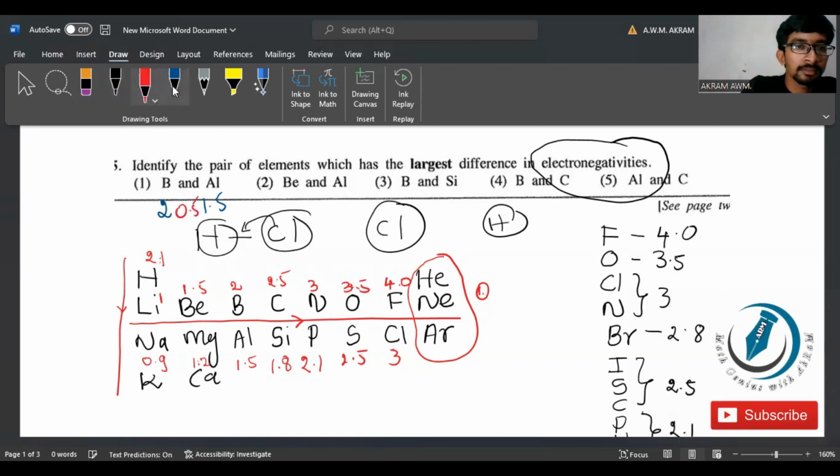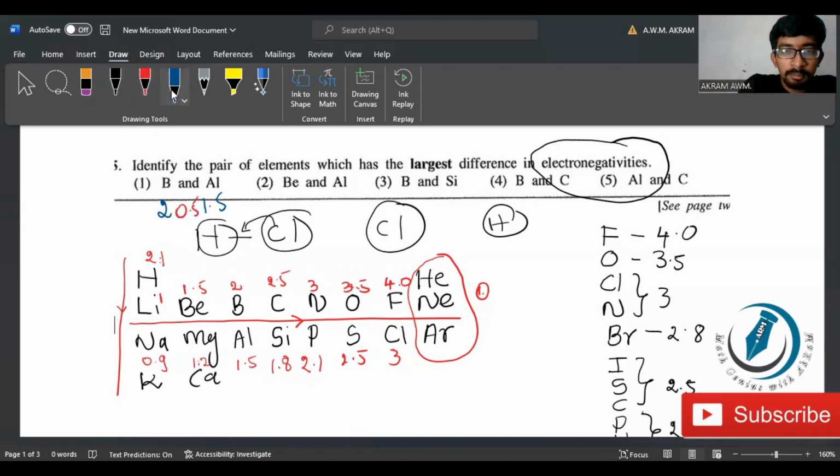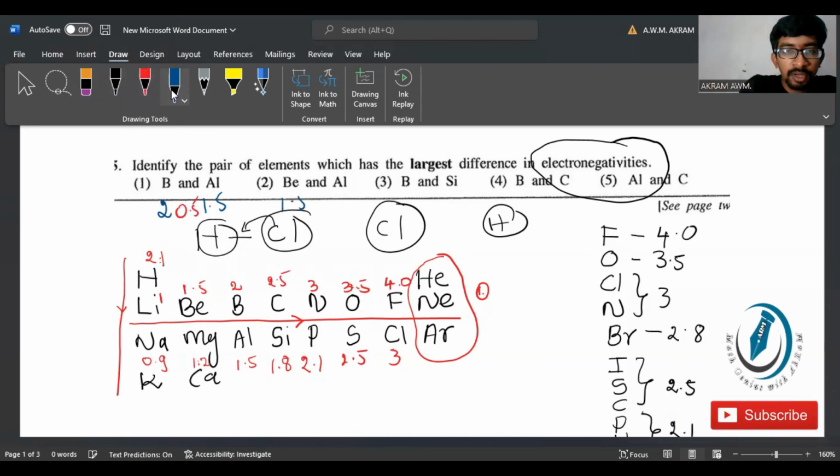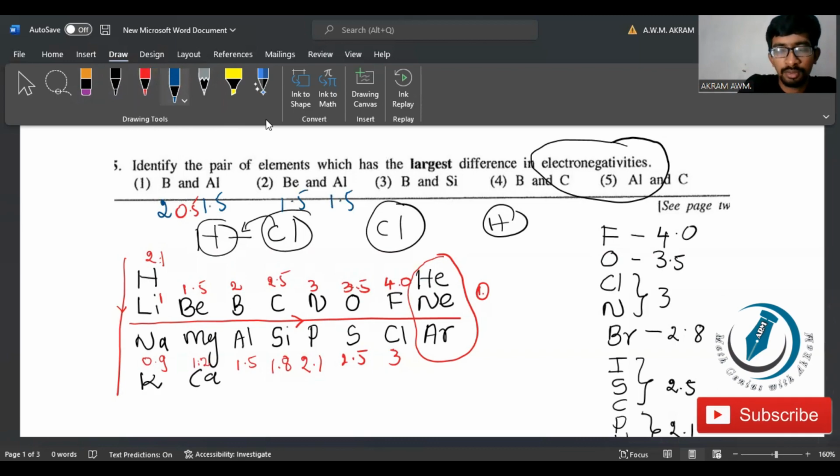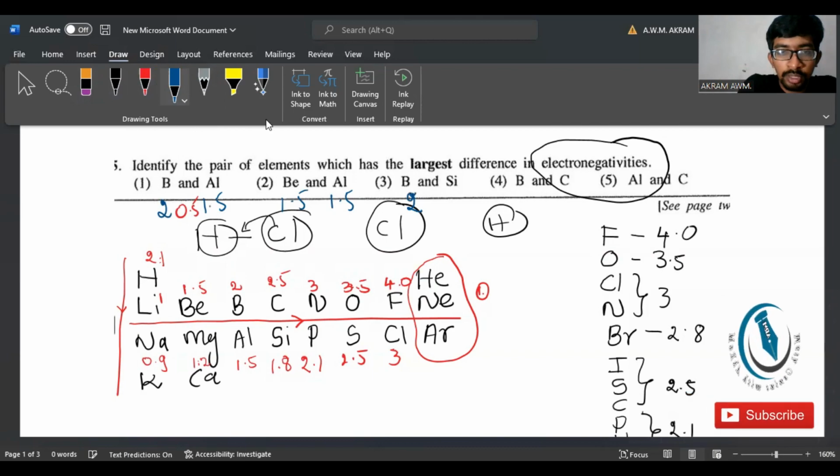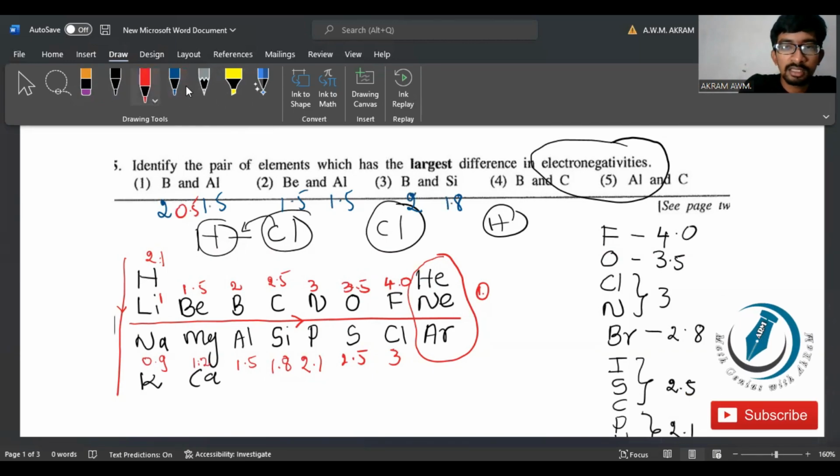Beryllium has 1.5 and boron 2, so the difference is 0.5. Boron 2 and silicon 1.8: we can identify the difference 0.2.